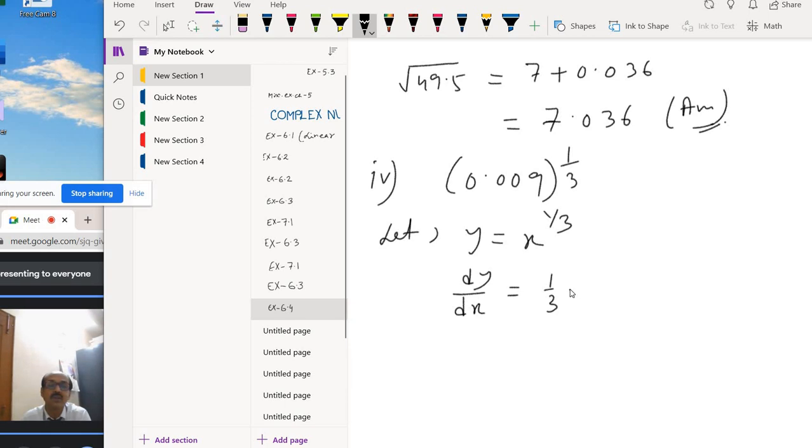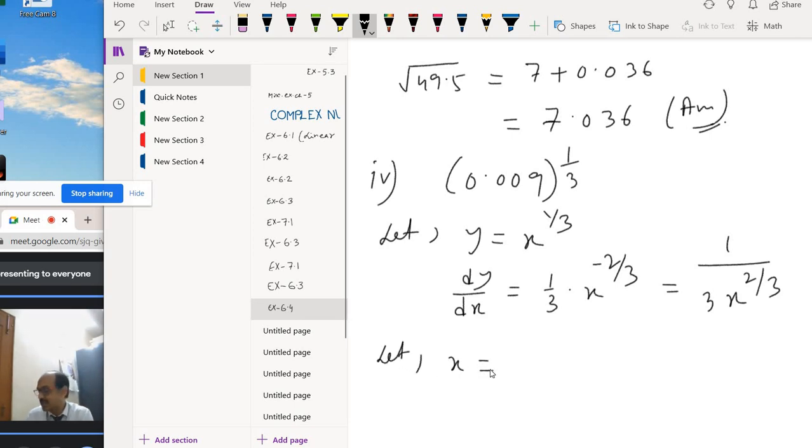So 1/3 into x to the power 1/3 minus 1, so minus 2/3. Equal to 1/3 into x to the power minus 2/3. This is the derivative. Now what is x?